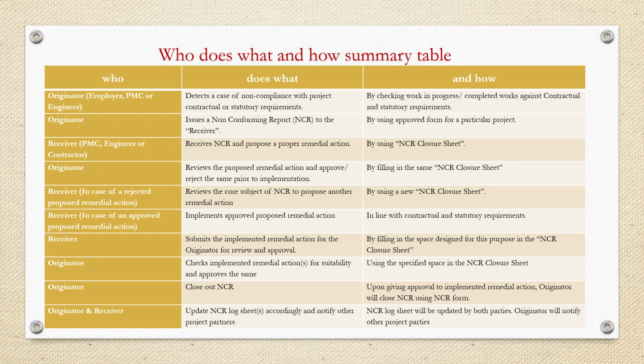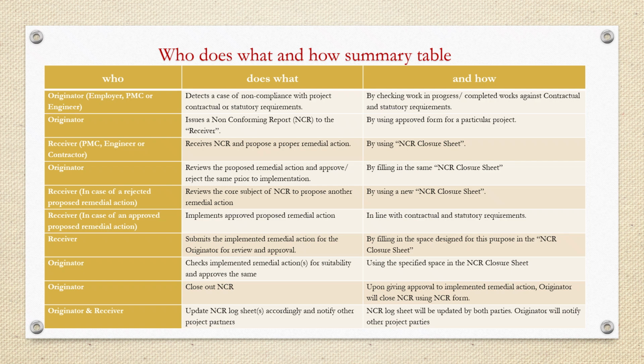Receiver implements the approved corrective action in line with contractual and statutory requirements. Receiver submits the implemented remedial action to the originator for review and approval by filling in the space designated for the purpose in the NCR closure sheet.